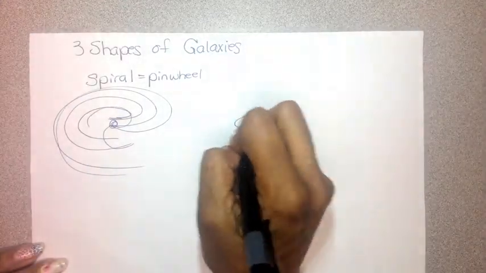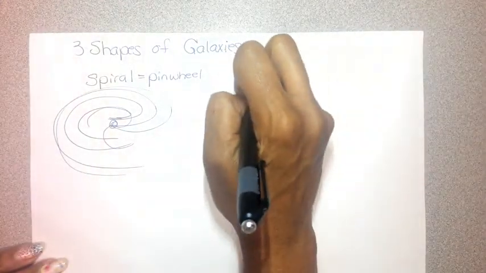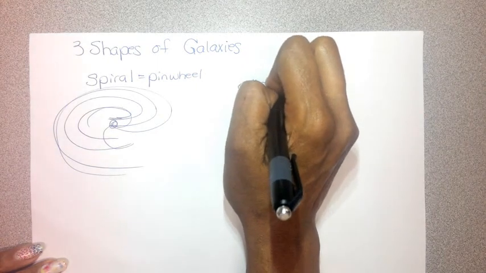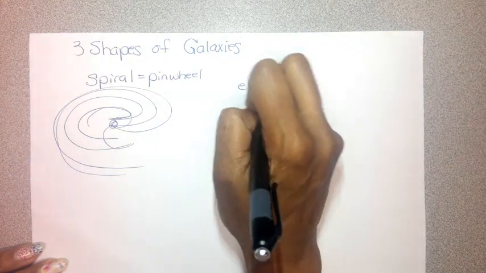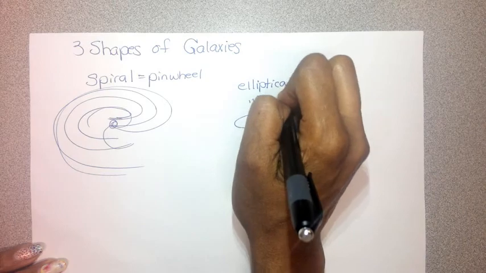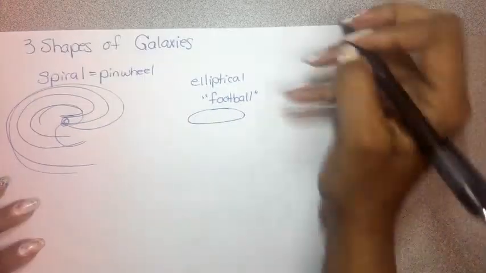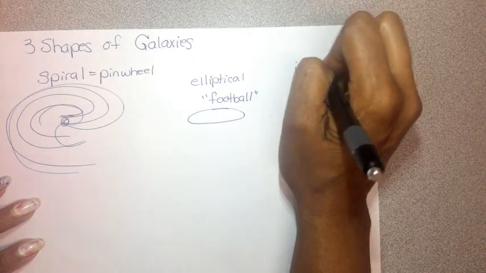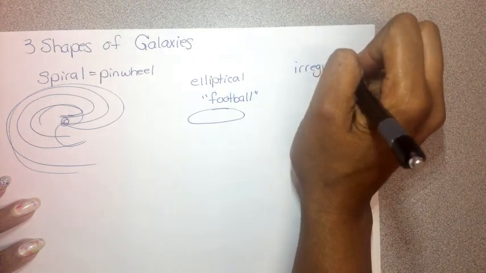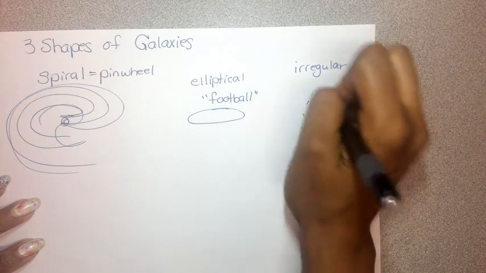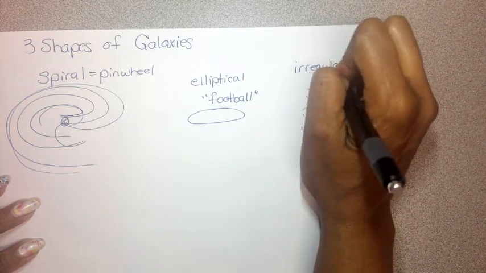We have the elliptical, and that one is football shaped. And then we also had the irregular, and this one really has no shape.